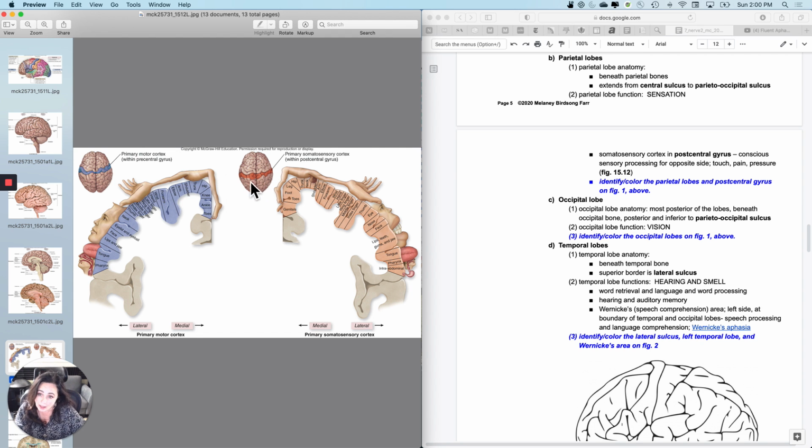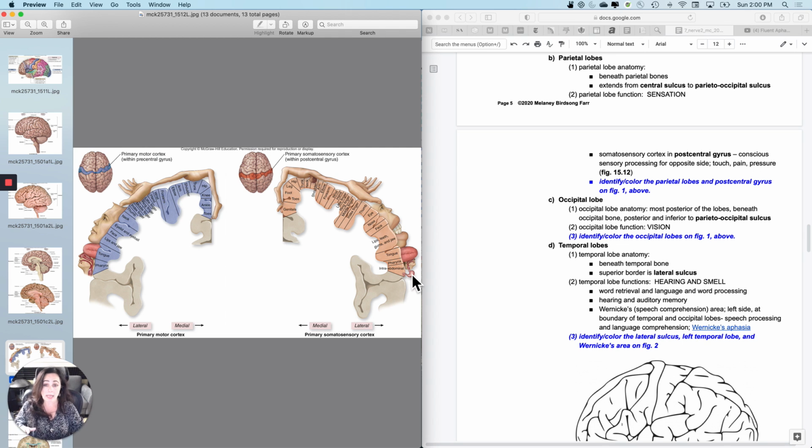Now I go back. This is the postcentral gyrus. This area is called the primary somatosensory cortex. So what that does is it is conscious awareness of sensation from the opposite side of your body.